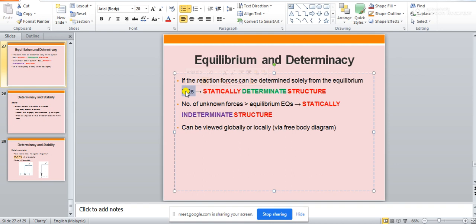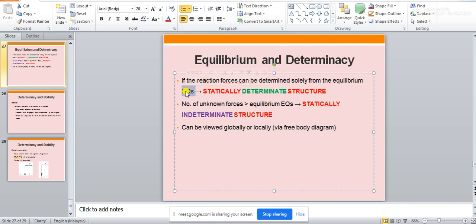On the other hand, if it is a three-dimensional structure and the unknown reaction components are 6, then also the structure will be called a determinate structure, because for a three-dimensional structure the available equations of equilibrium are not 3, they are 6.